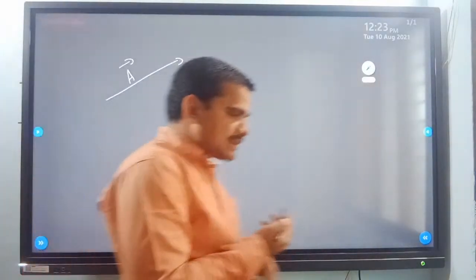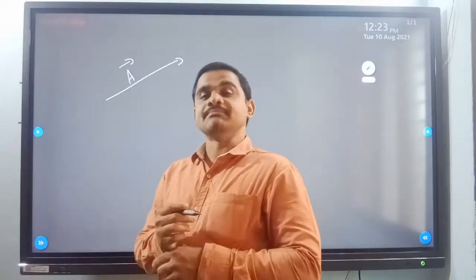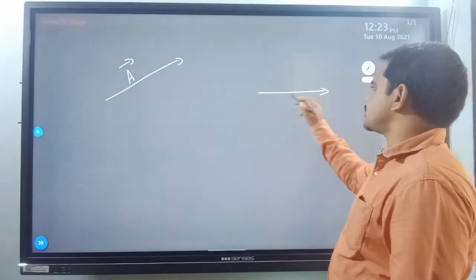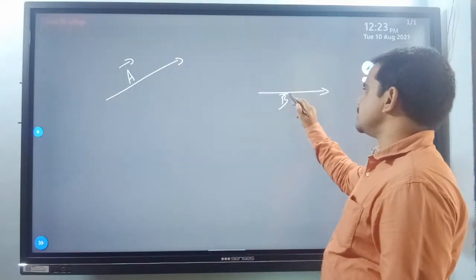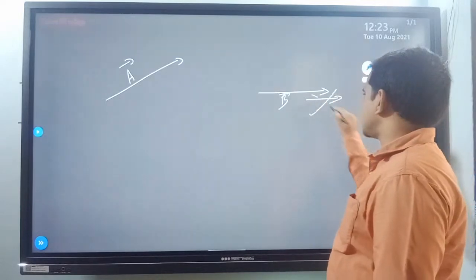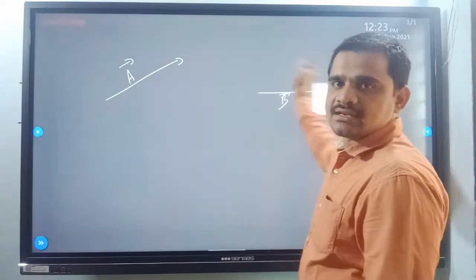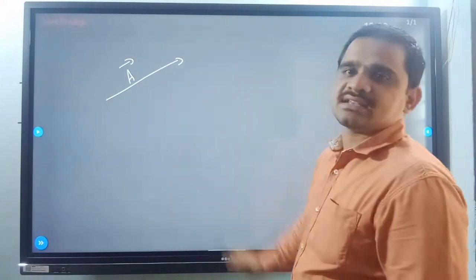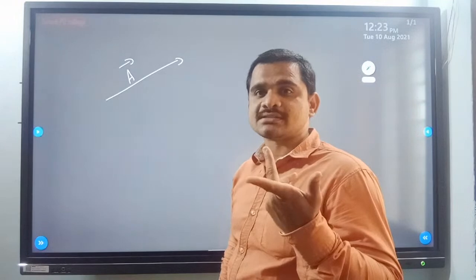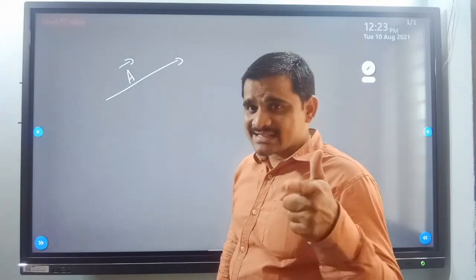For simplification, if some vector is in this direction, I can simply say B bar is along the x-axis. What about A bar? We cannot give the exact direction of this.